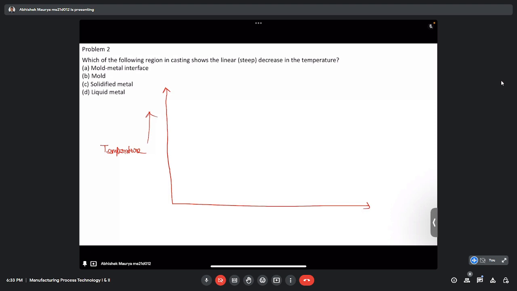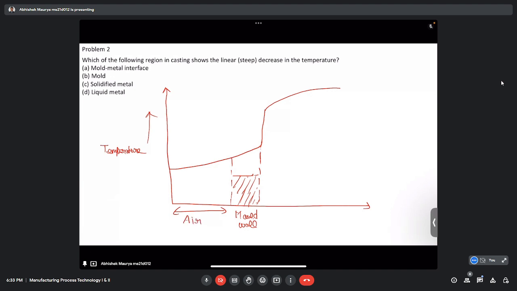So it is something like this. This is the region of the mold wall, and this is the air.